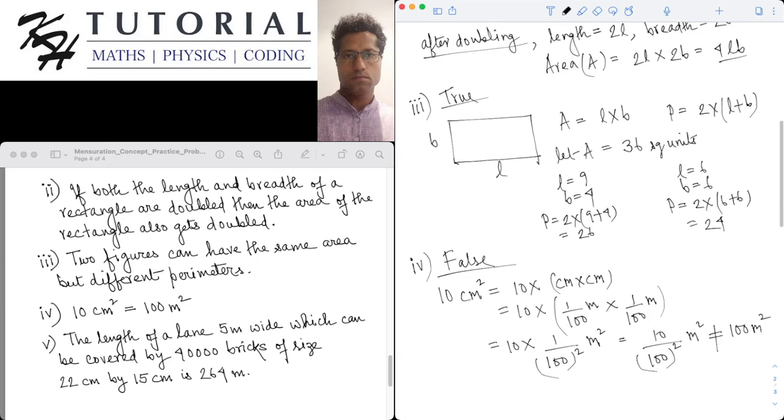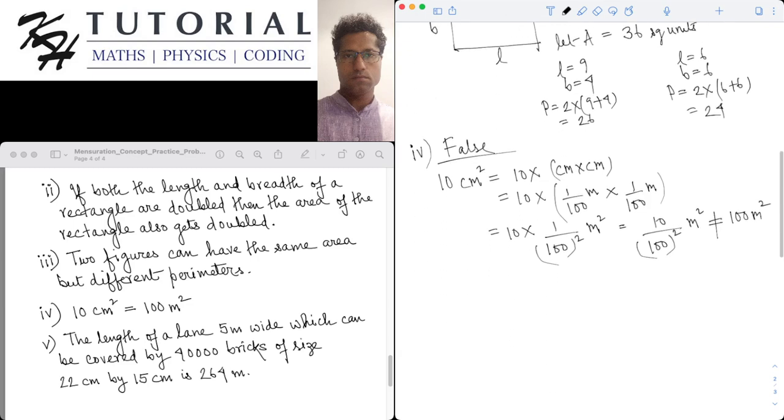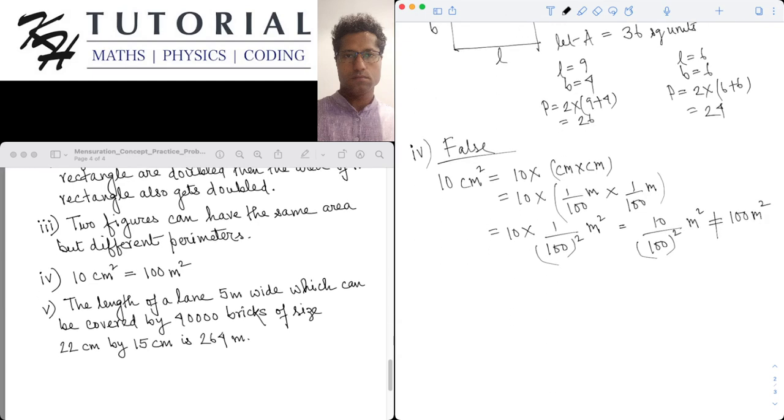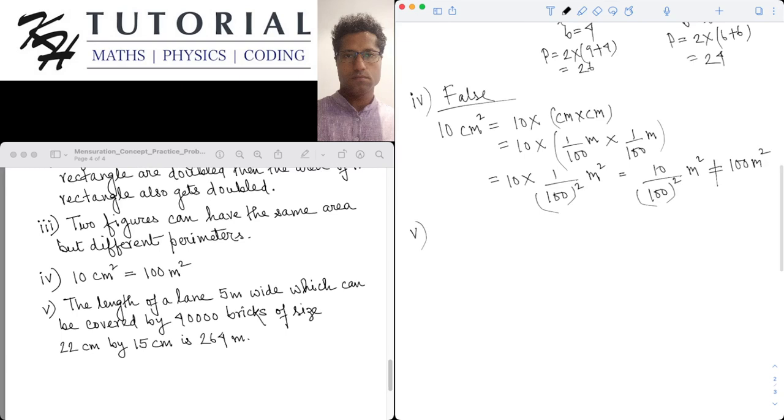Okay, let's do the final part, part 5. The length of a lane 5 meter wide, which can be covered by 40,000 bricks of size 22 centimeter by 15 centimeter, is 264 meter.